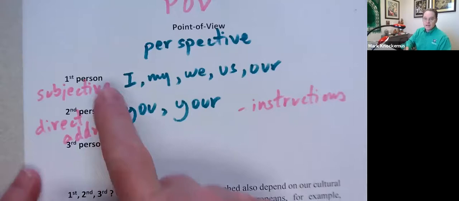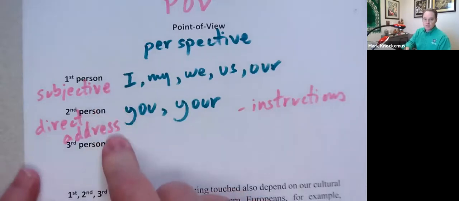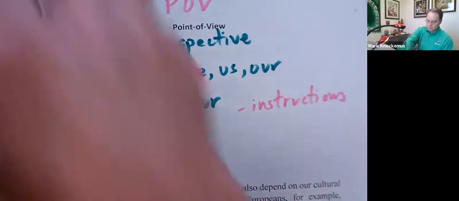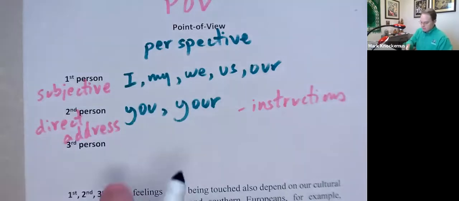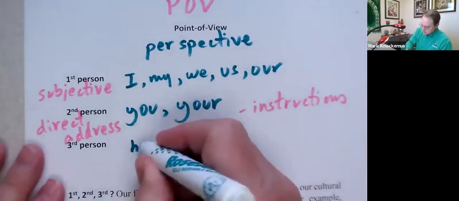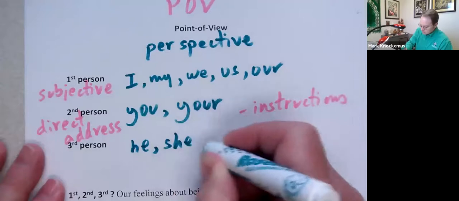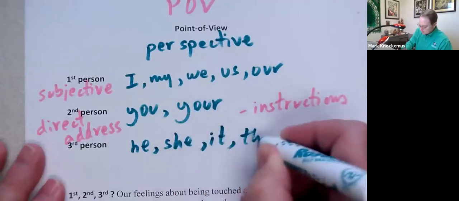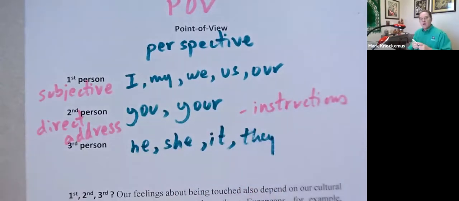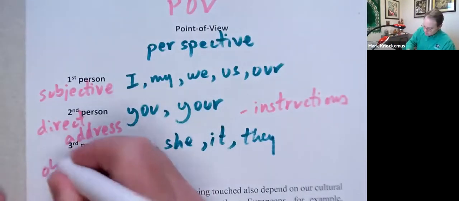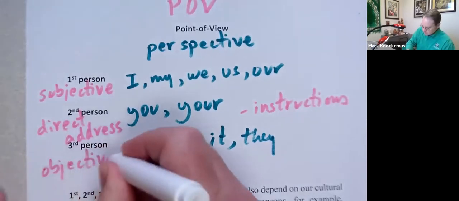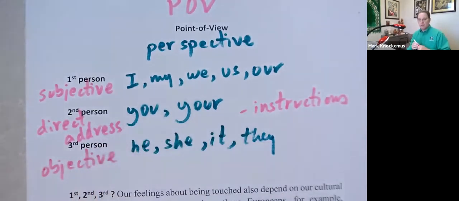Third person is different from first and second. What happens in third person is the author removes him or herself from the writing. And this is called objective writing.